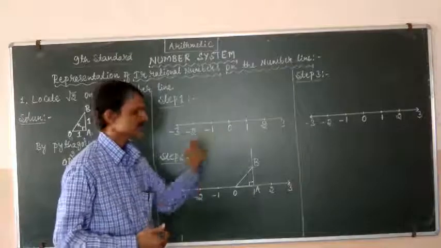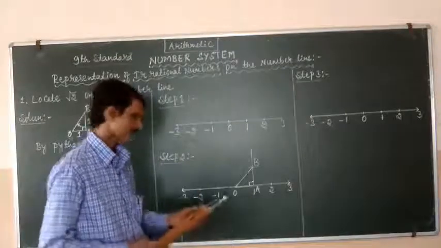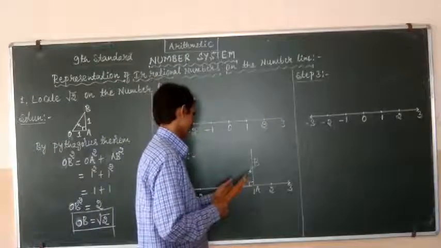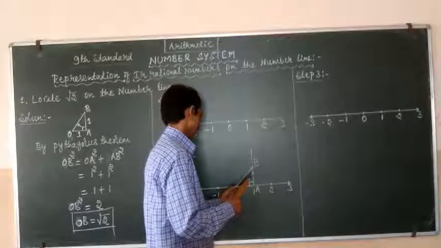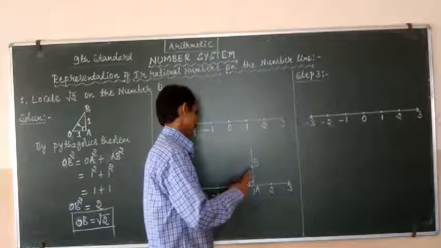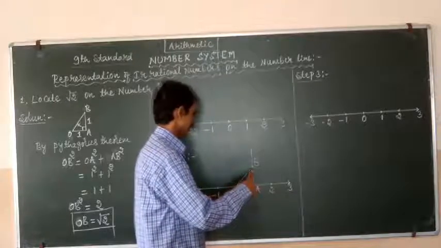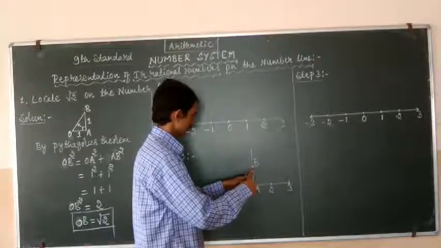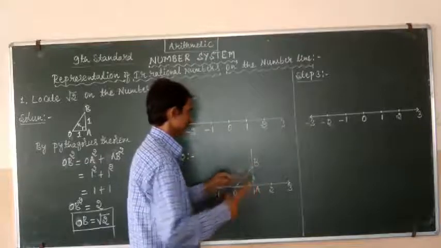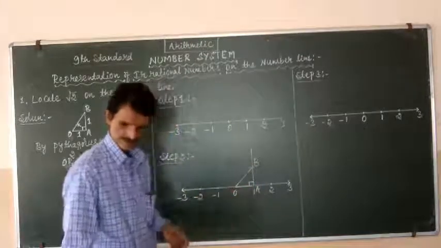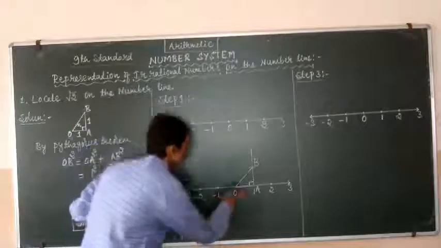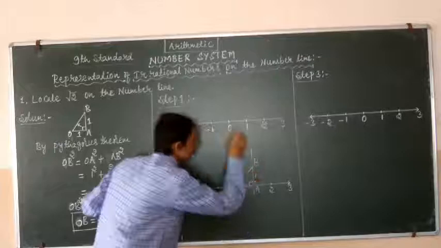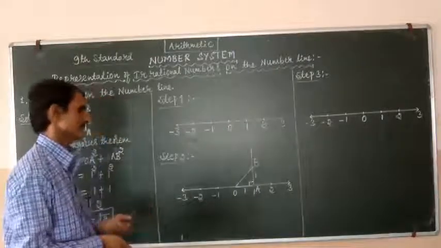So, in the third step, we should take the length OB. Here OA is 1 unit, and AB is also 1 unit.